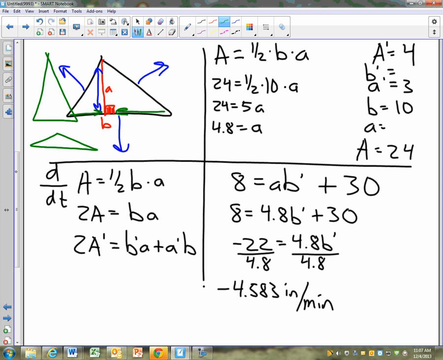You have all day tomorrow to work on it. I'll hopefully have the answer key done, and you can check everything. The boxes are 10 through 16 and the triangles are 17 through 22.